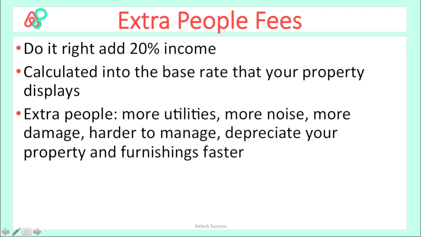Then you can start with 3 people minimum, and from the 4th person onward, they have to pay an extra, let's say, £15 or £20 per person. So make use of the extra person fee, but make it reasonable so it doesn't become too large a barrier for guests to book.